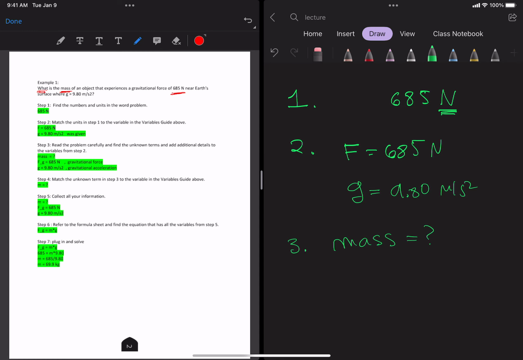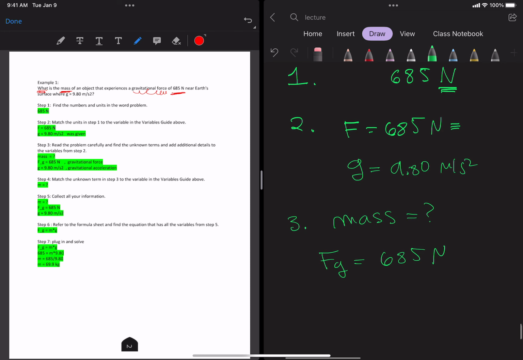And other than that, let's see what else we can find. It says gravitational force next to the 685. So instead of just writing this as F, I'm going to rewrite this as the gravitational force is equal to 685 N. And the 9.81, that is again gravity.